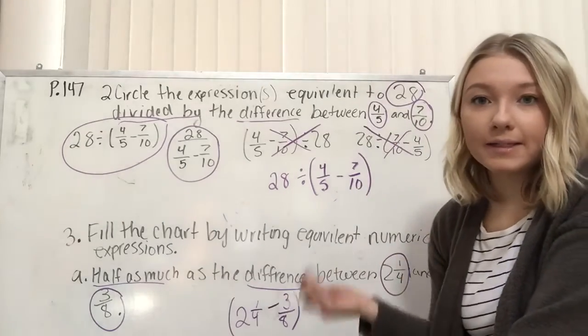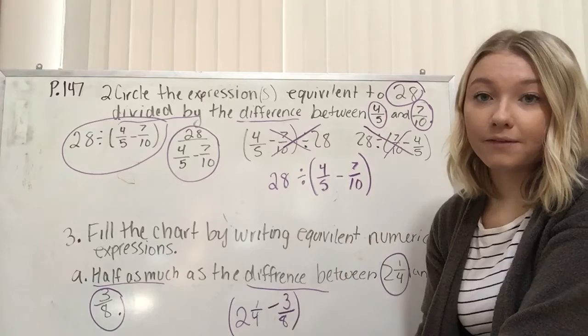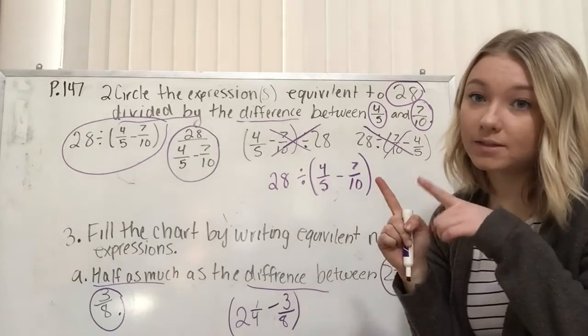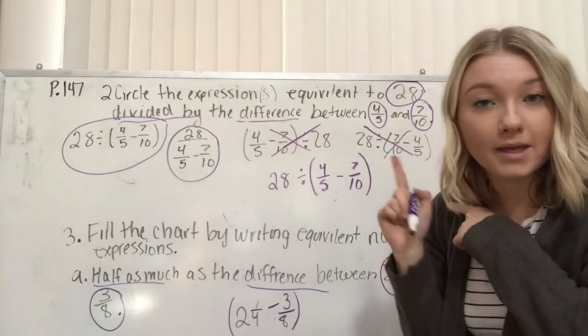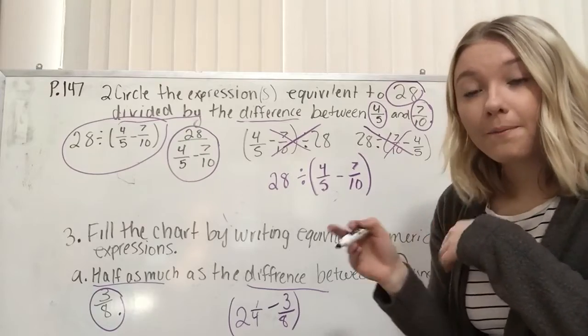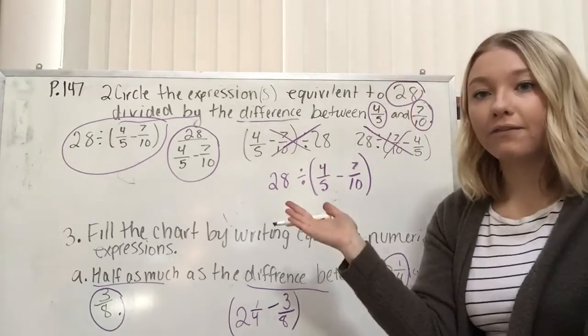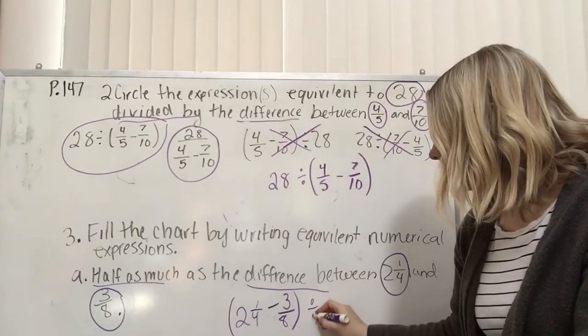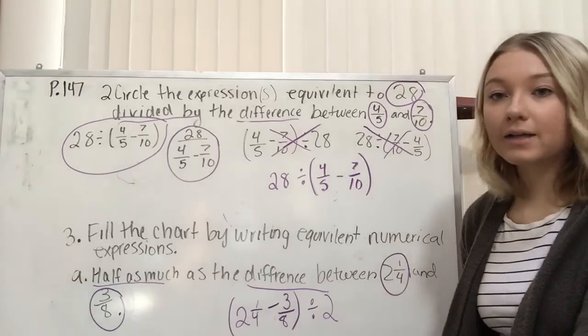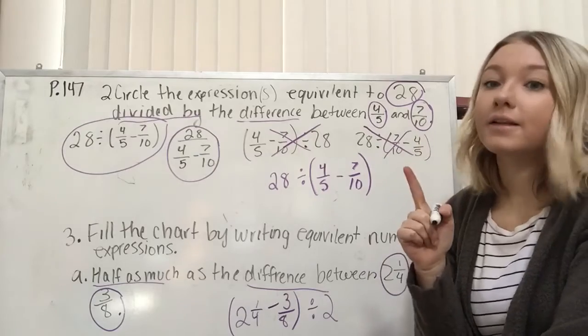Well, how do I find half of something? You can do one of two things. I hope you're shouting at me through the computer screen. Well, you can either divide it by 2, right? Splitting it in half. So I could say divided by 2. That would be correct. And what would also be correct?